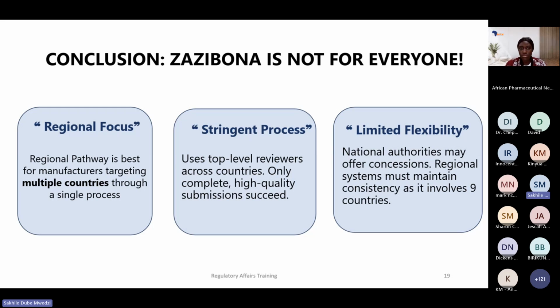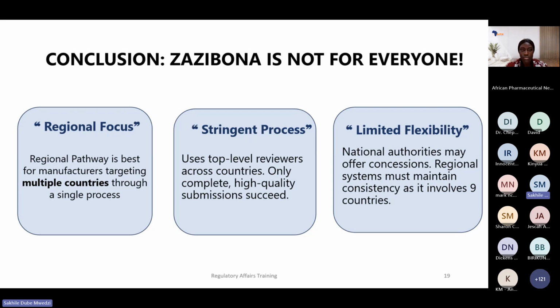And then ZAZIBONA said, without the palatability study, we cannot recommend approval. However, the individual member states then said, but I don't have this product in my market. I would rather have this product without the knowledge of its palatability than to deprive the children in my country of this good quality product.